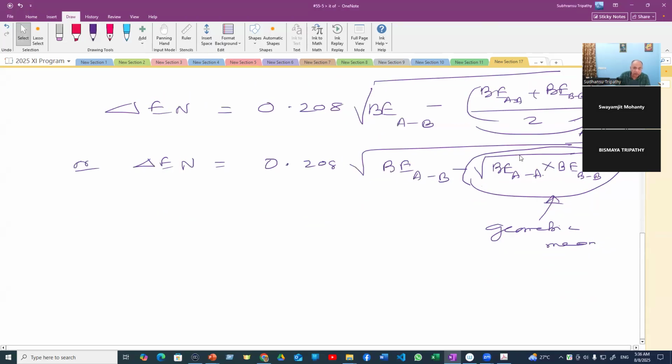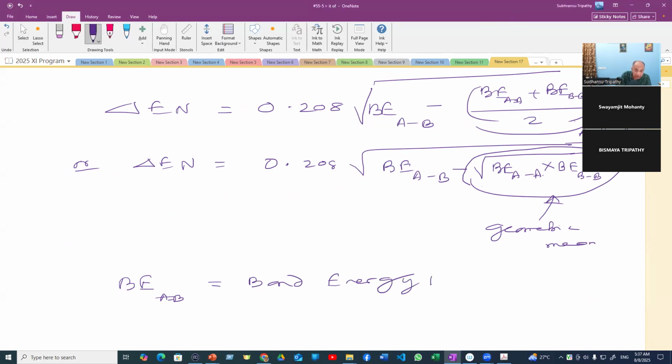Now let me tell you what BEAB is. BEAB is the bond energy, particularly in kilocalories per mole, that you have to see.